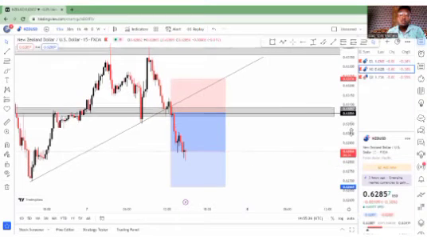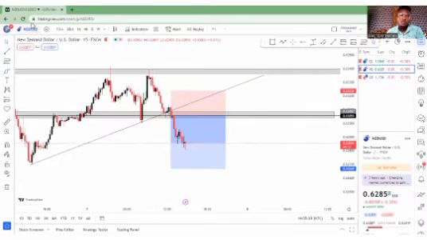Now this currency is NZD USD. Let's use this one, because this price is from 20 now. We have 0.63055.